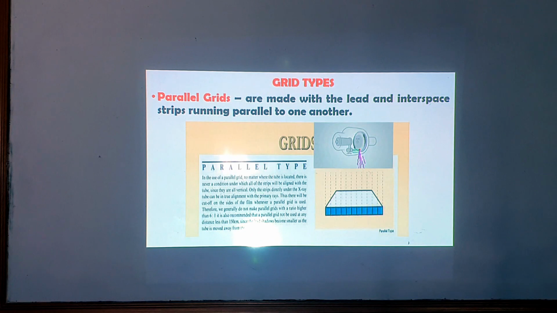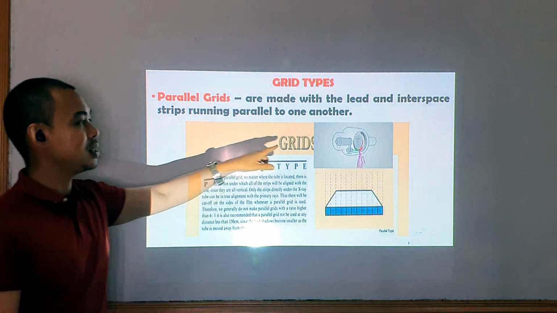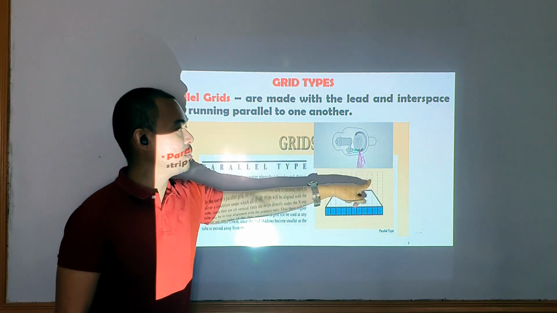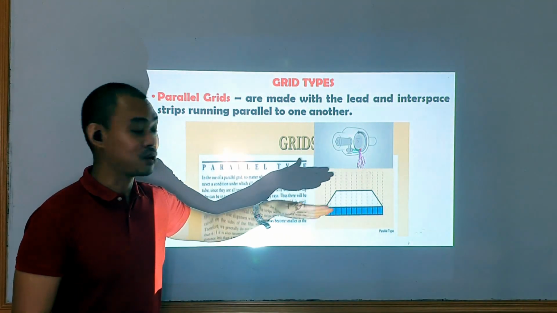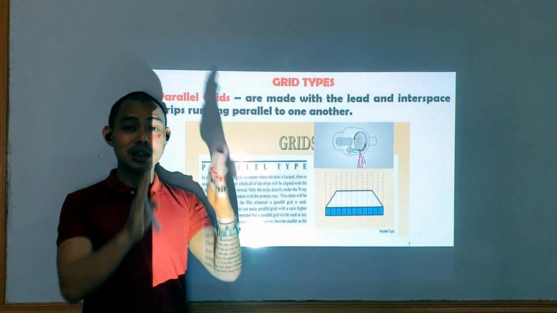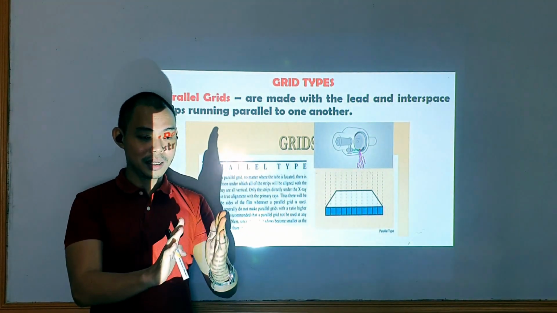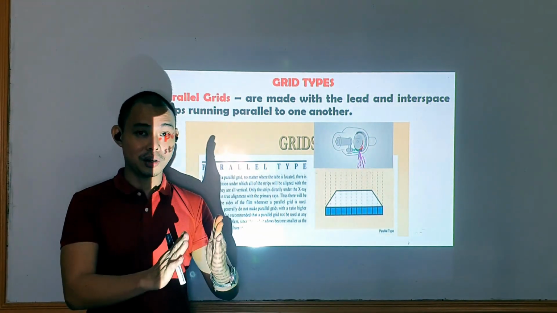You have different grid types. You have first the parallel grid. Parallel grids are made with the lead and interspace strips running parallel to one another. So as you can see, this is your X-ray tube. These are your X-ray photons, right? Your X-ray photons do not come out in this direction.